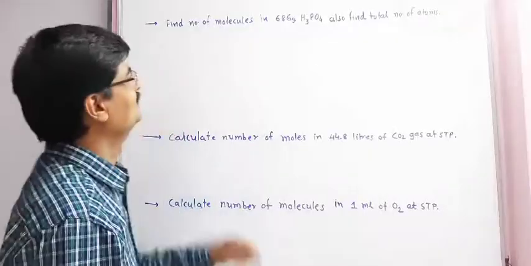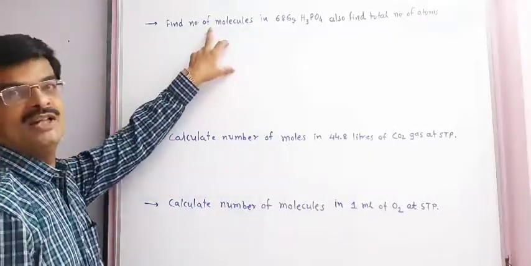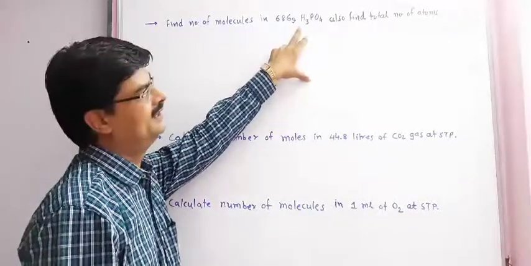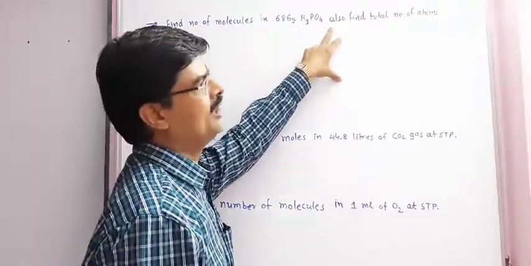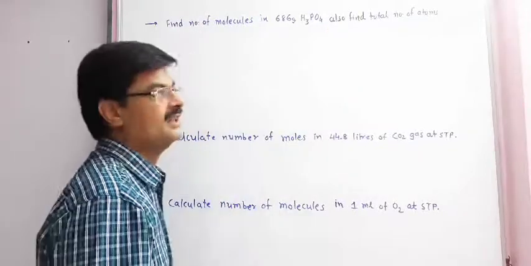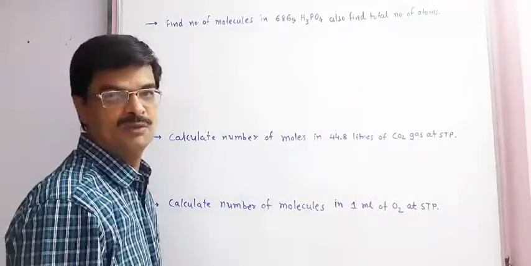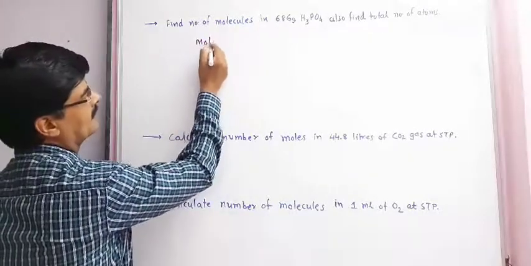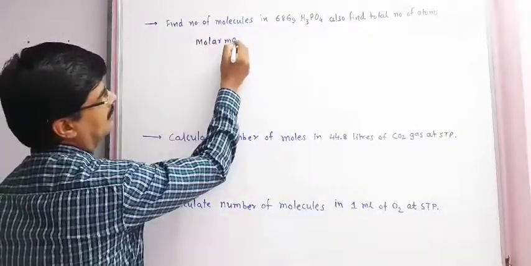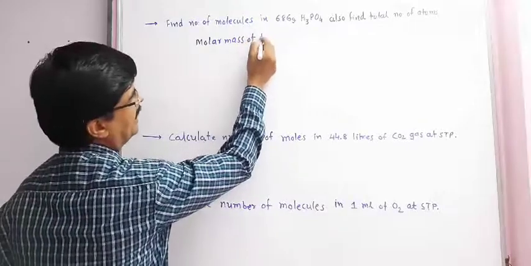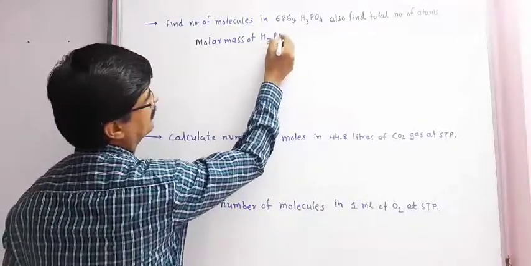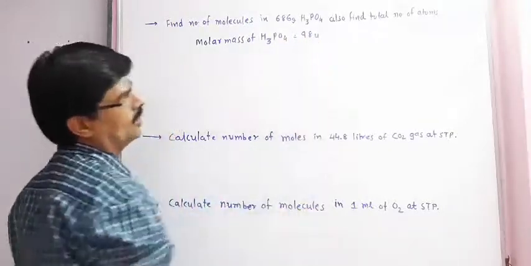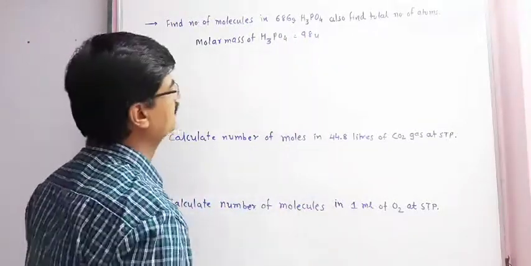Now in the next sum, find the number of molecules in 686 gram of phosphoric acid, as well as the total number of atoms present in 686 gram phosphoric acid. First of all, the molar mass of H3PO4 is equal to 98 unified mass or gram per mole.